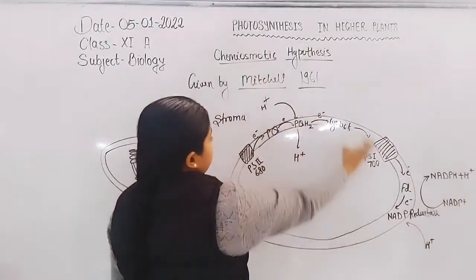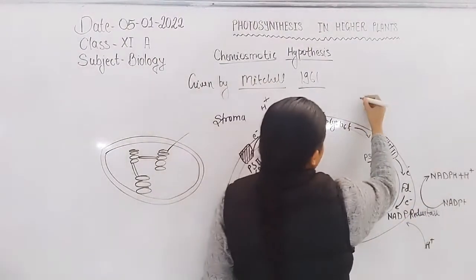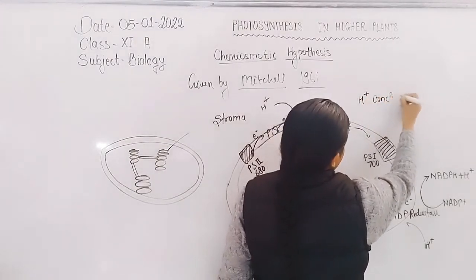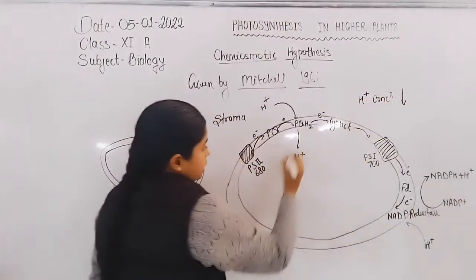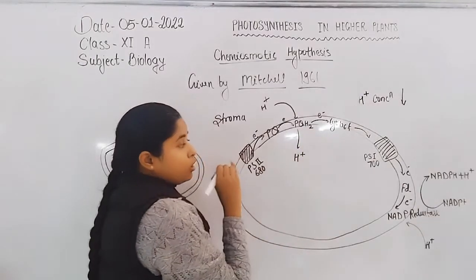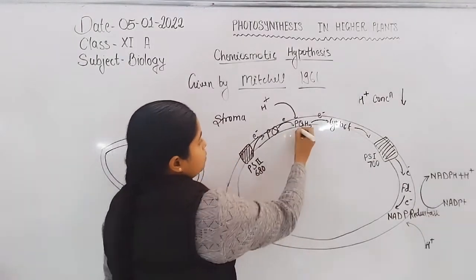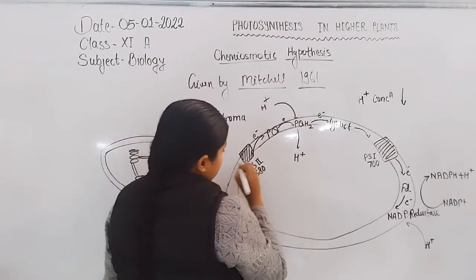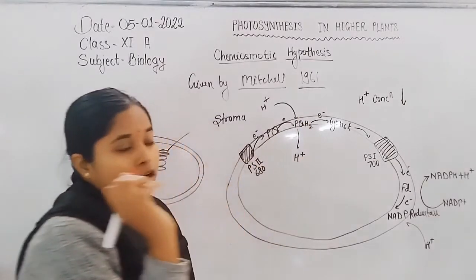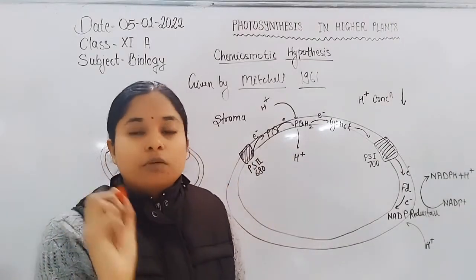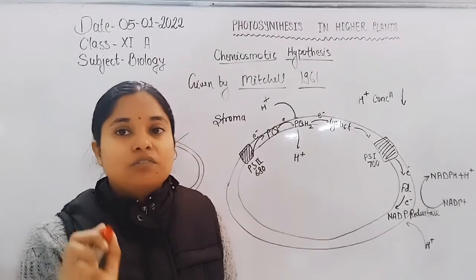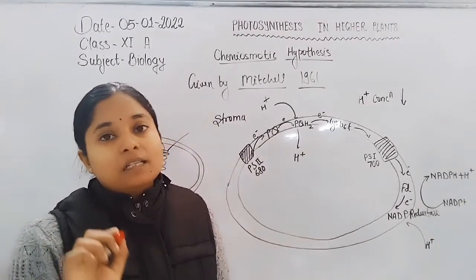Now in the stroma, overall the proton concentration decreases, while inside the lumen the proton concentration increases, because plastoquinone transfers protons into the lumen. Also, the continuous emission of electrons from the reaction center causes a deficiency of electrons, and that deficiency is recovered by the splitting of water.